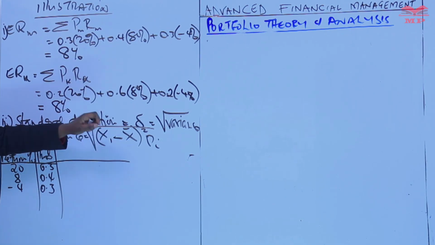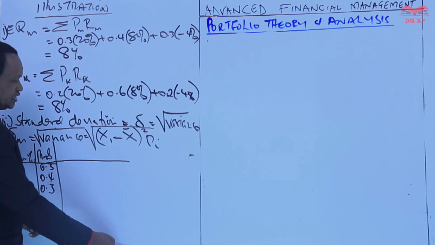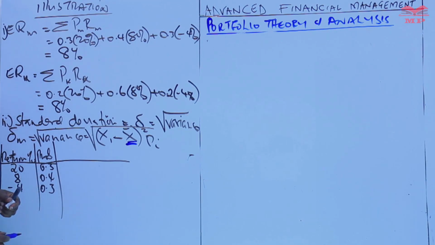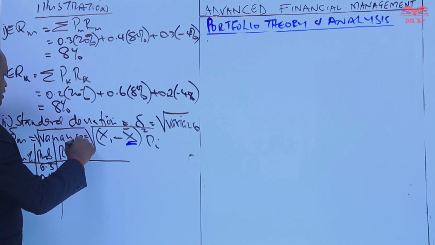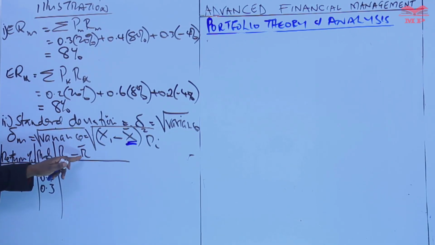We calculated this figure in Roman 1. So we'll have a column for return, R1 minus R bar, the expected return.